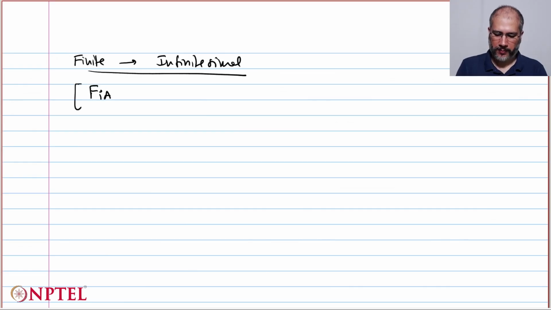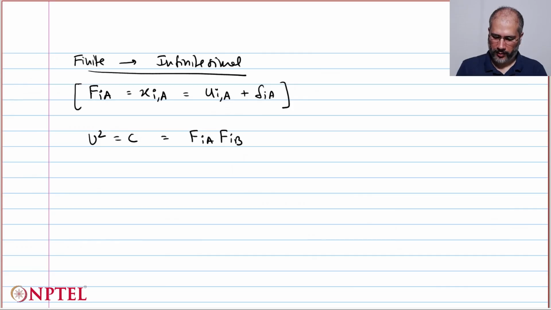So F_ia is defined as x_i comma a, which actually is u_i comma a plus delta_ia. So starting with the definition of U squared, which is C, which basically is F transpose F, so that's F_ia times F_ib. So let's call these the ab components, and F_ia can now be written in terms of u and delta.